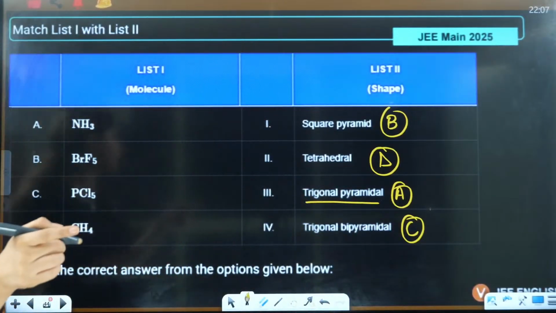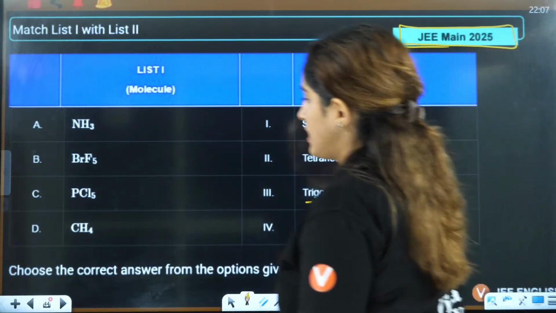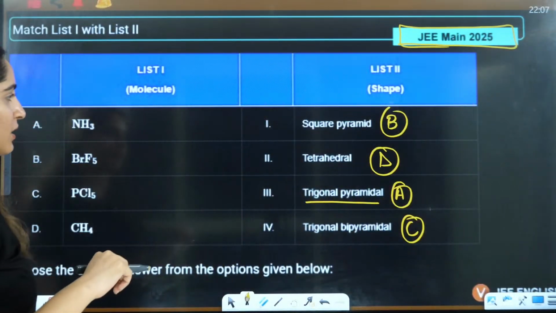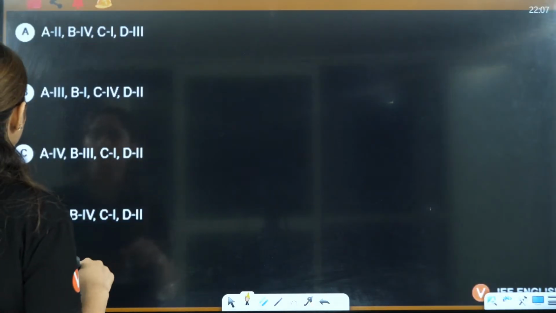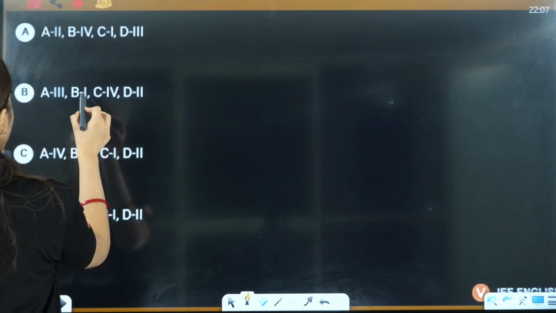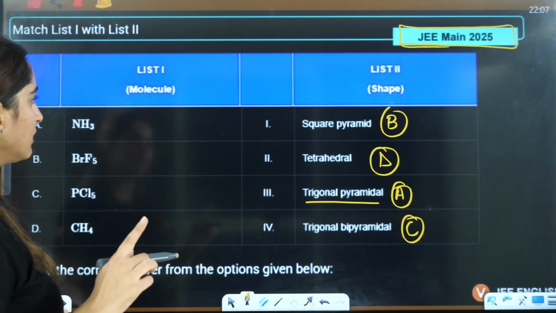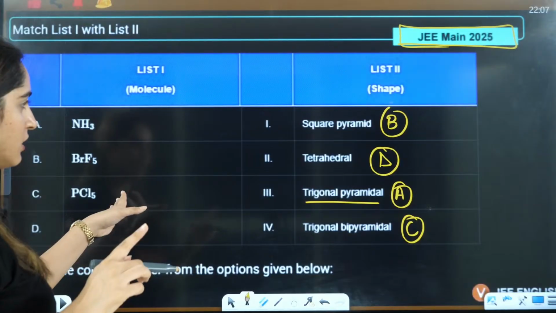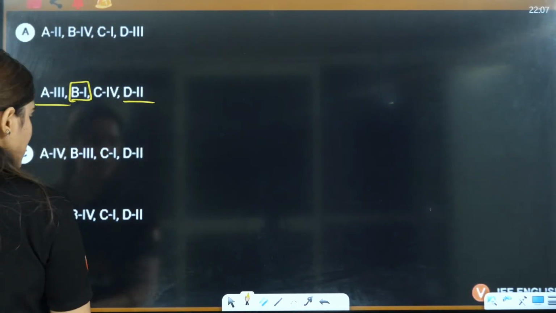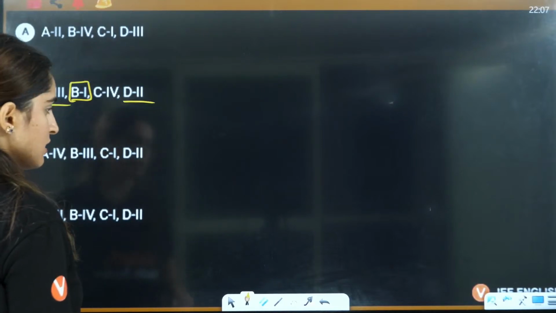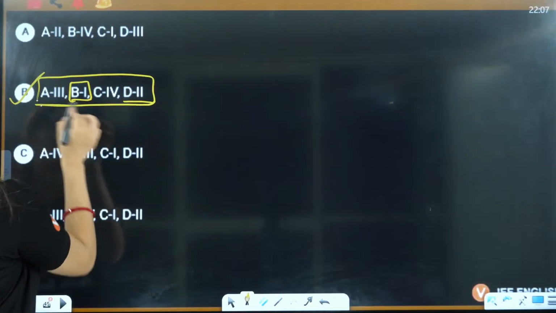This is your JEE Mains 2025 question. So this will be 1B. I think B will be the correct answer. A is 3, D is 2, C is 4, yes. So B is the correct answer here, okay.